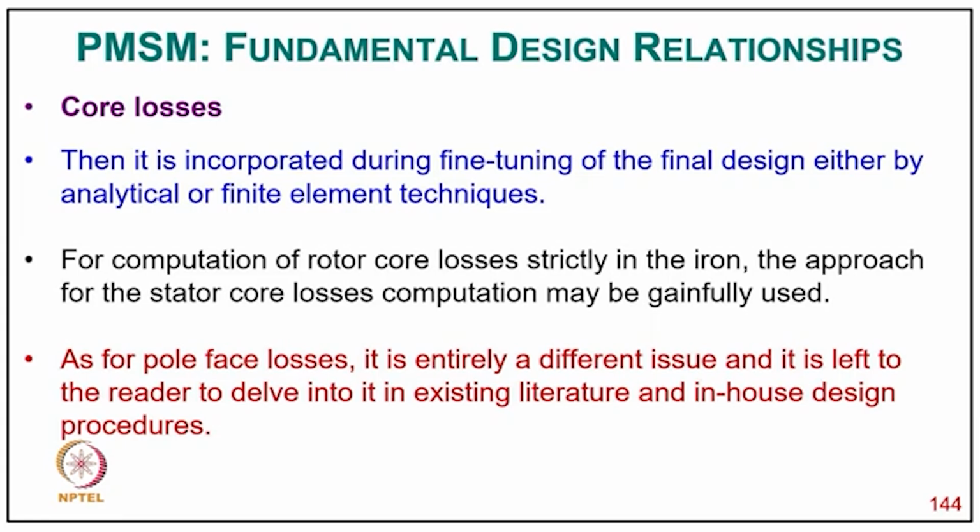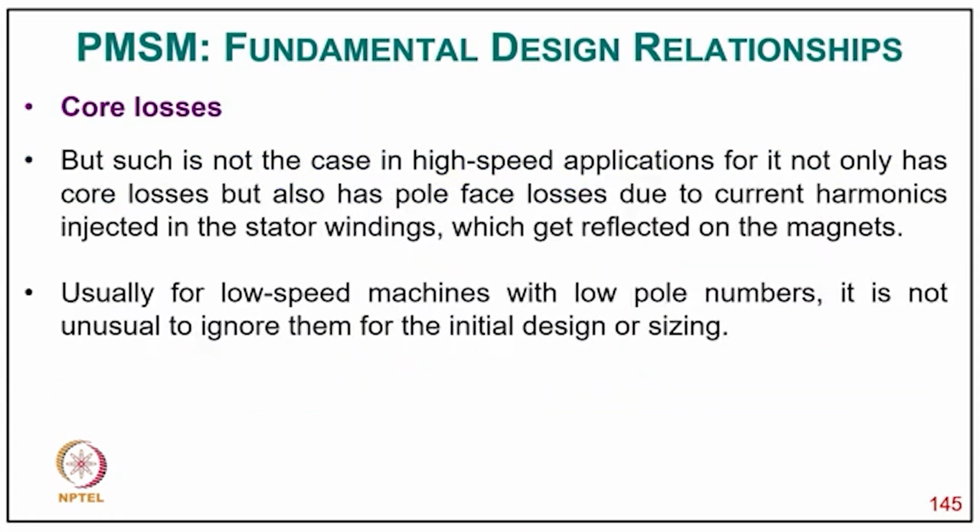So then it is incorporated during the fine tuning of the final design, either by analytical or finite element analysis technique, and for computation of rotor core loss strictly in the iron, the approach for the stator core loss computation may be gainfully used. As for the pole face losses, it is entirely a different issue, and it is left to the reader to dwell into in existing literature and in-house design procedure.